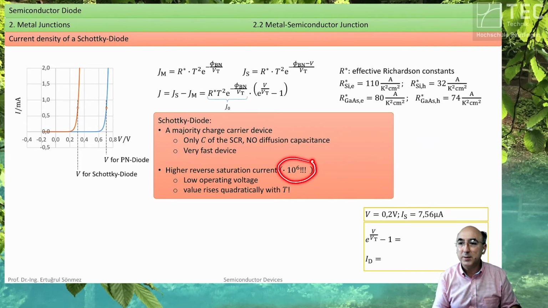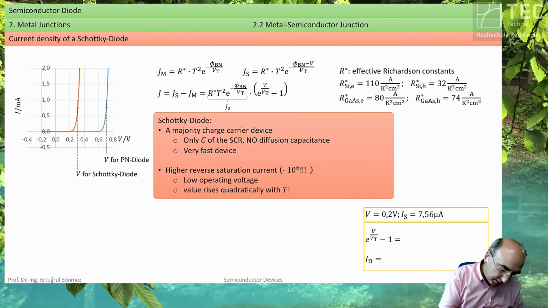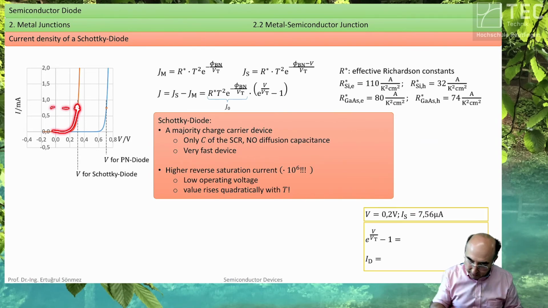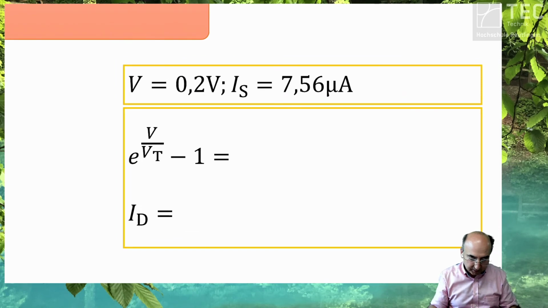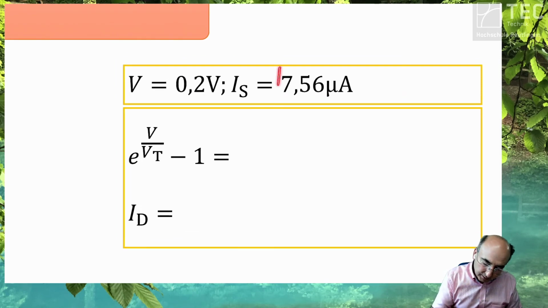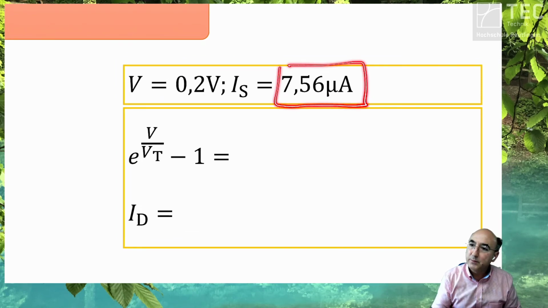It's a million times higher than for the PN junction. Therefore, you have a high current for lower forward bias values. And here you have this explanation. It is a microamp value, not picoamp. It's a microamp value. Okay?